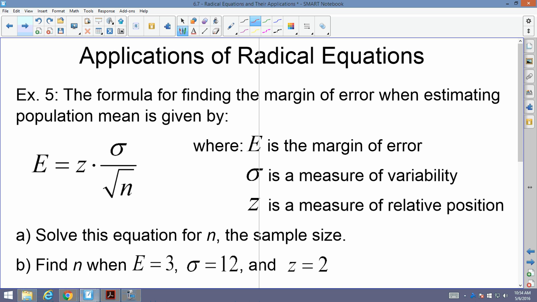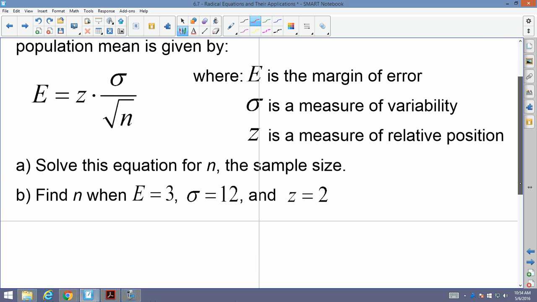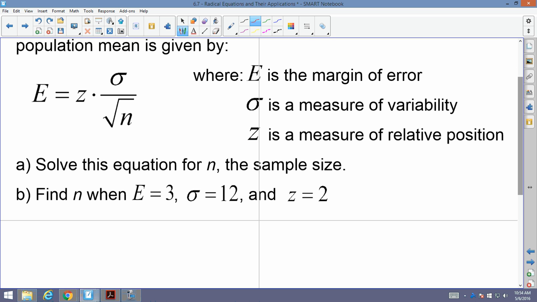I want to, A, solve this equation for n, which is the sample size, and then I want you to find n when I give you these values to plug in. So this part is easy. I've got E equals Z times sigma over square root of n.